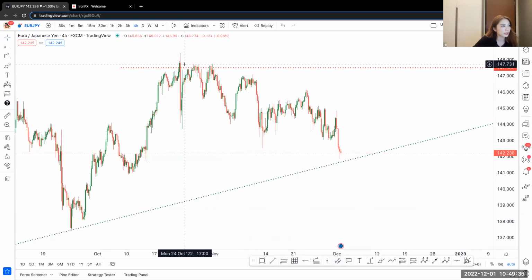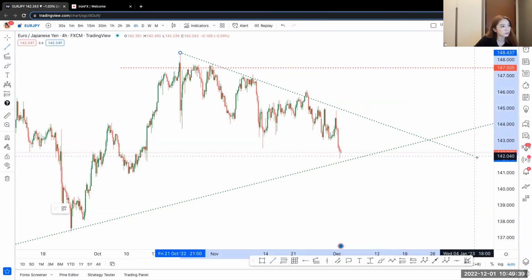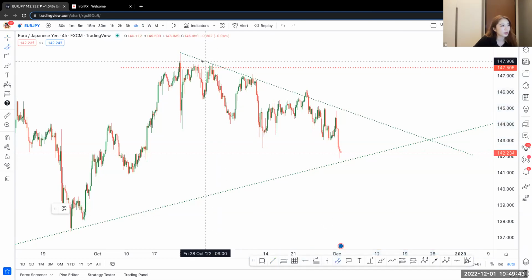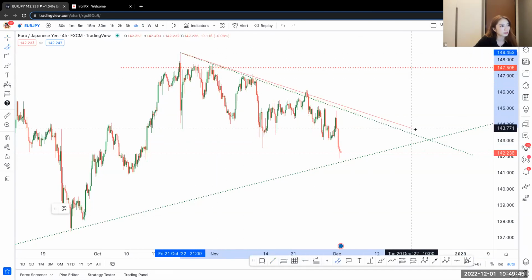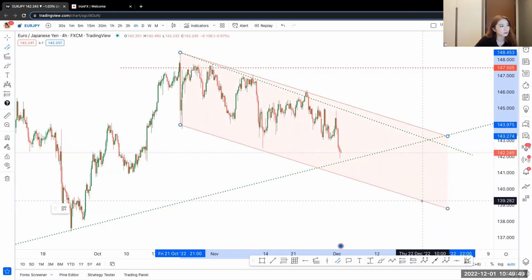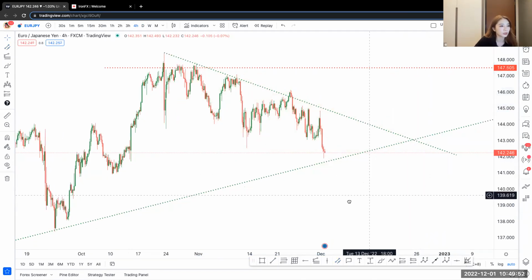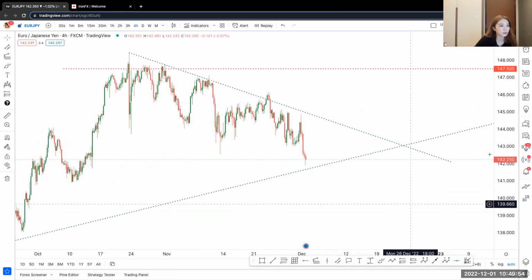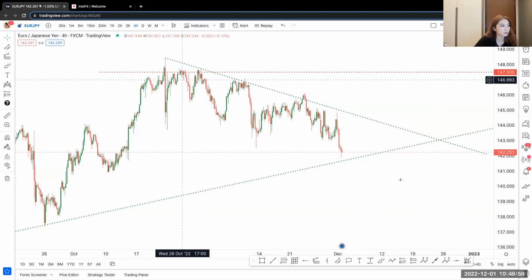H4, we are looking at a short-term downward movement. Actually looking at a triangle right now, if you guys can see. Yeah, it's a triangle more than anything else. All right, so you can see this triangle.